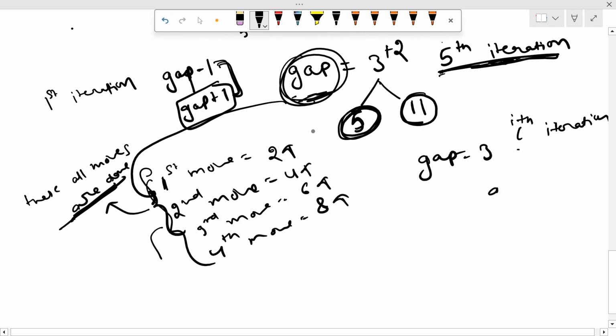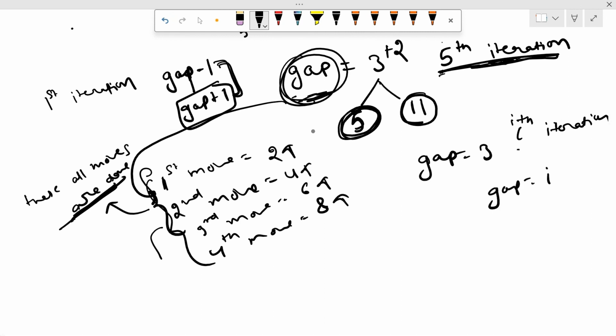If our gap is i or if our gap is i plus 1. So if i is odd, we can add only even numbers in 3. So if i is odd, we can easily add any even number and make it i.